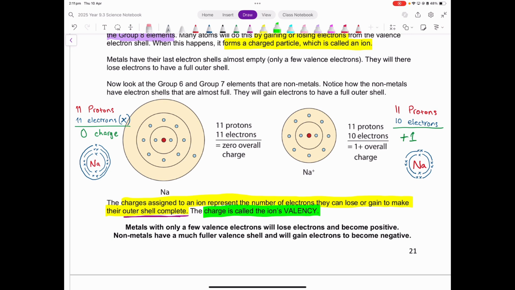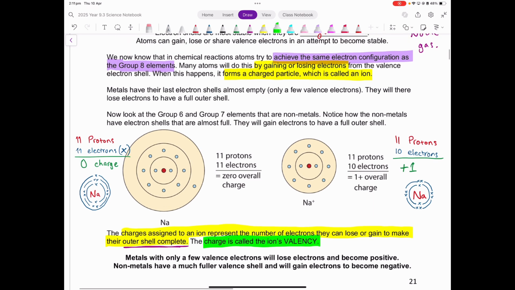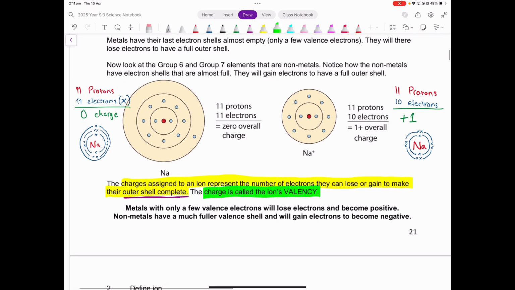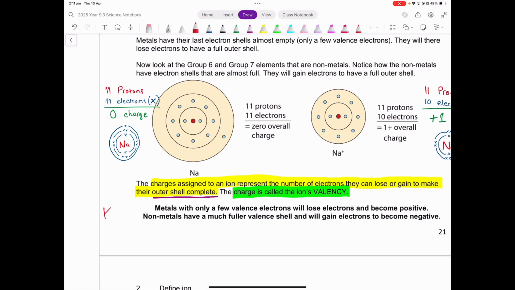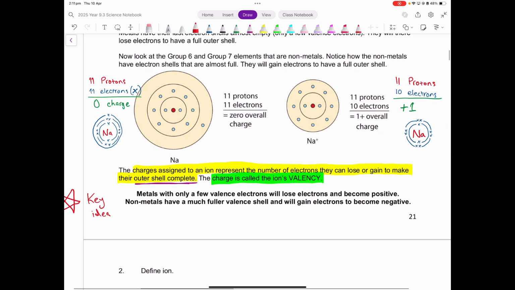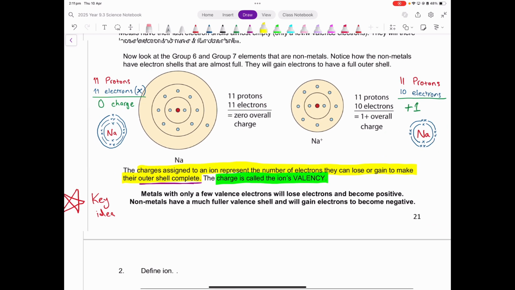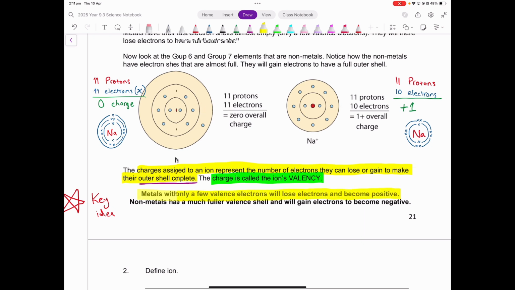Now this is something that we said earlier, we just read through it, and it is the key idea for today. So I'm actually going to write next to it. This bit in bold is a key idea, and I'm going to draw a star next to it. The key idea is this. Metals with only a few valence electrons will lose electrons and become positive.